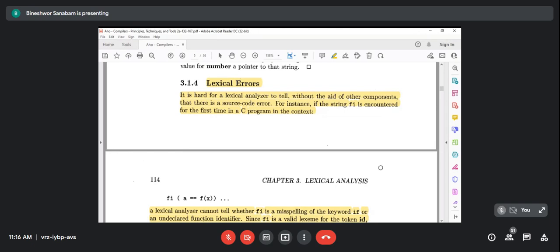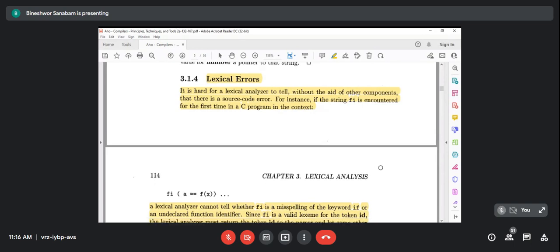So it works closely with the parser to even generate or give the lexical error. Okay. So in short, your lexical analyzer and the next phase, that is the syntax analyzer, work closely together, even with regard to error generation.